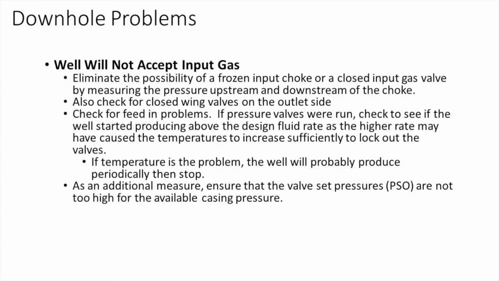The next one is the well not being able to inject gas into the well. This one can be tied to some surface issues, some inlet issues, like a plug at the wellhead or a plug at the choke, but it can also be caused by occurrences downhole, plugs in the gas lift valves, a bridge across the casing and the tubing that prevents the gas from being injected into the well.